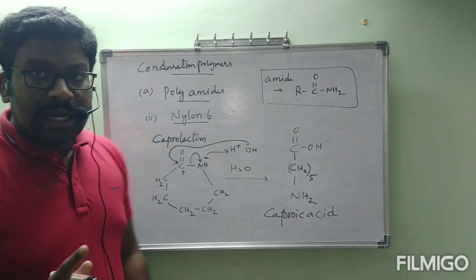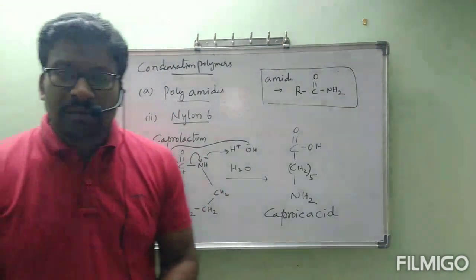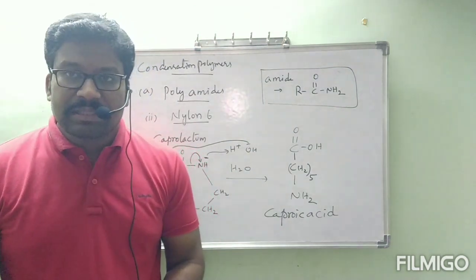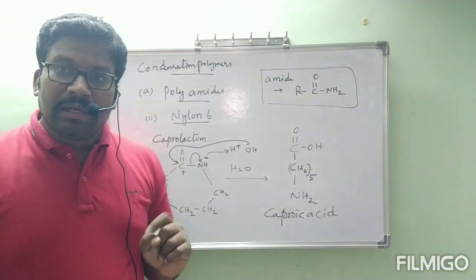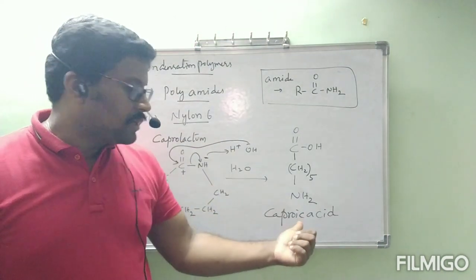But remember, in the exam if they ask what is the monomer present in nylon 6, don't say caproic acid. It will be caprolactam. That caprolactam will undergo reaction with water to form caproic acid.